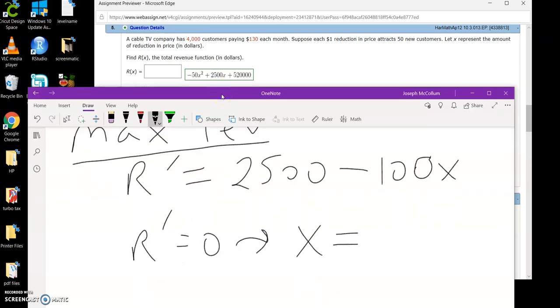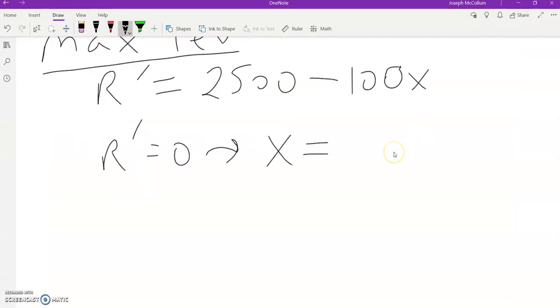First things first, we got to find the number of units, all right? We have to find the number of units. And in fact, I'm going to maximize this screen now so I get more screen. So we have to solve this expression equal to 0. And so 2500 minus 100x, x is 25. Now, as good students, we do not know if that's a max or min without the first derivative check.